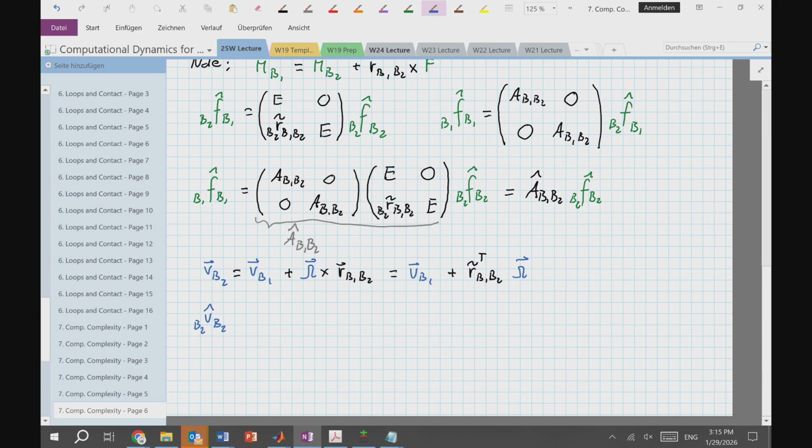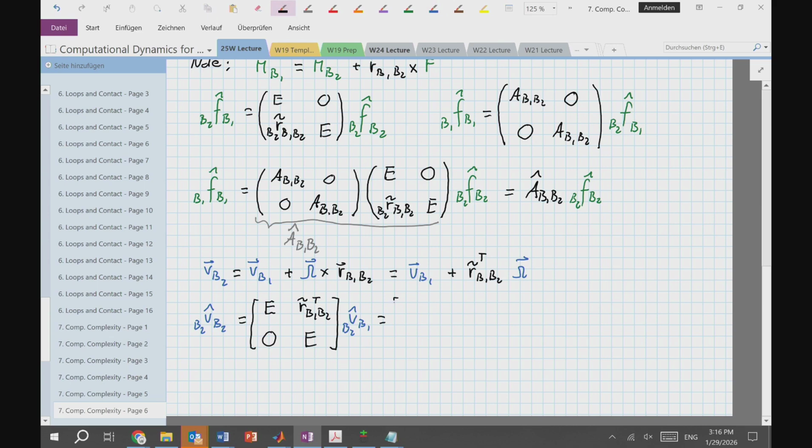So if I now think about this as a spatial quantity, I get a very similar matrix, because if the points are on the same body, I will just have the identity for angular velocities. And for linear velocities, we just saw that it's going to be the sum of the linear velocity plus the angular velocity times this matrix RB1, B2 transposed. And that would be the velocity of point B1, still in B2 coordinates.